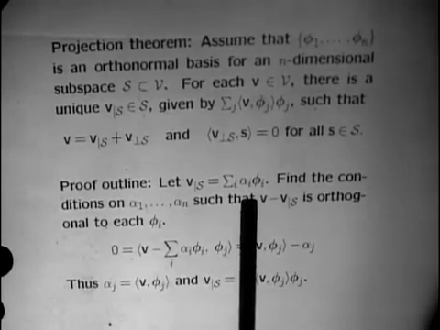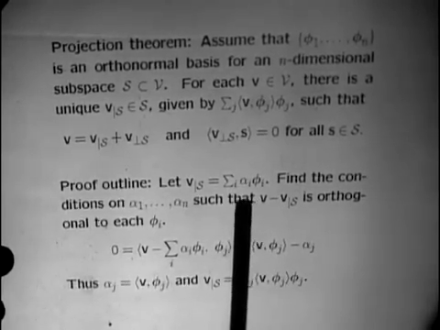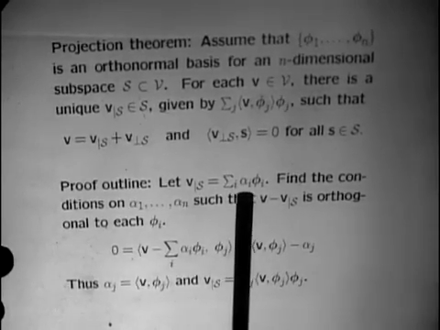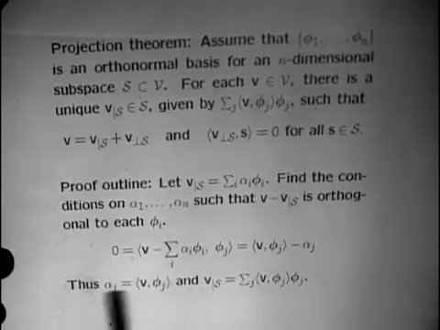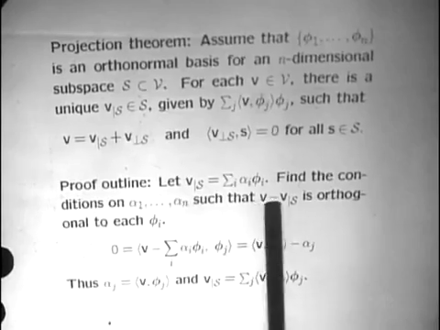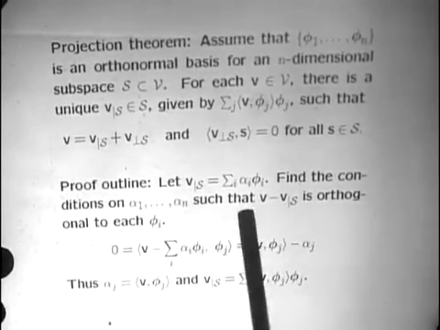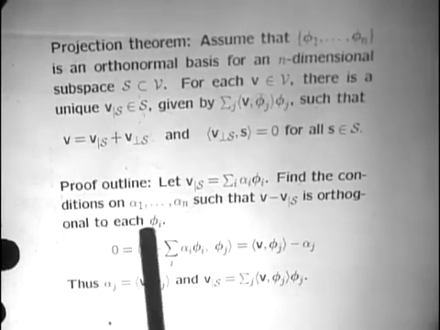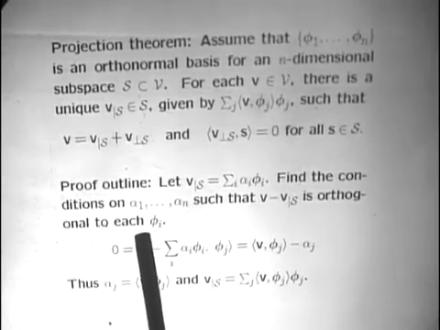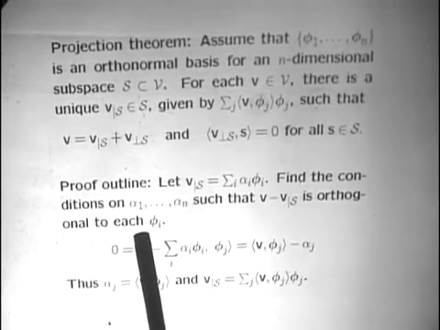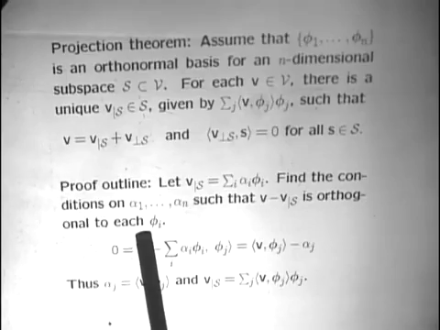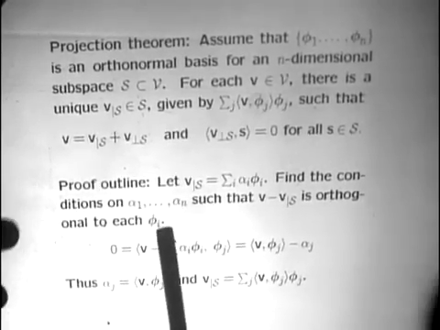So this is just a generic element in S. I want to find the conditions on these coefficients such that V minus the projection, in other words, this V perp as we've been calling it, is orthogonal to each phi sub i. Now, if it's orthogonal to each phi sub i, it's also orthogonal to each linear combination of the phi sub i's. So in fact, that solved our problem for us.